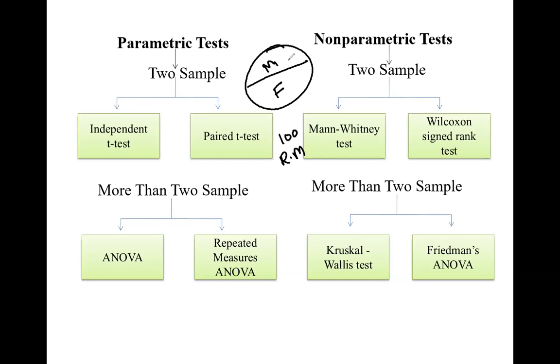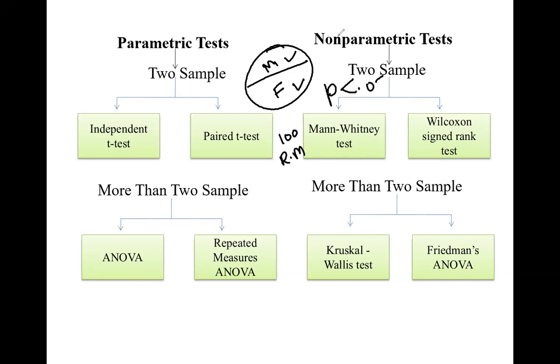I will take the mean marks of male students and the mean marks of female students, and decide on the basis of the difference. I told you, when we compare two groups, we will always get a different value. But whether this difference is significant or not, the p-value tells us.